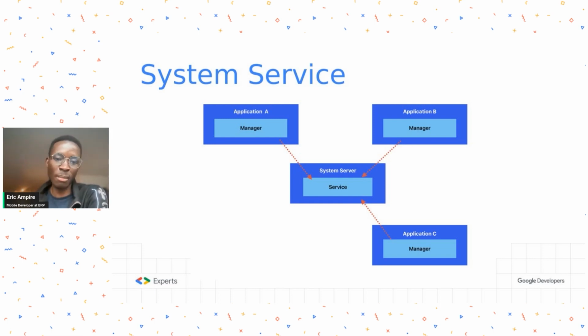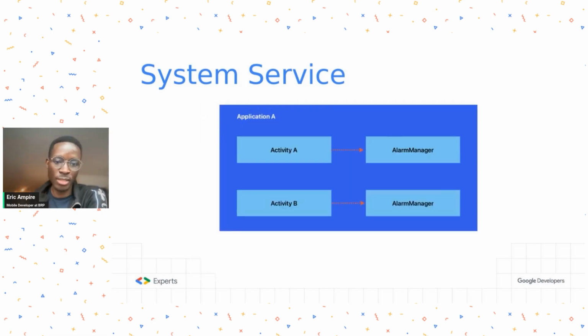So let's say in applications A, B, and C, I'm using the alarm manager. There will be three different instances of that manager, but all those managers will communicate with just one single instance of the alarm service, which is running in a separate process.